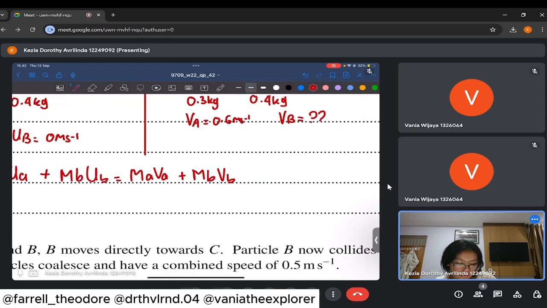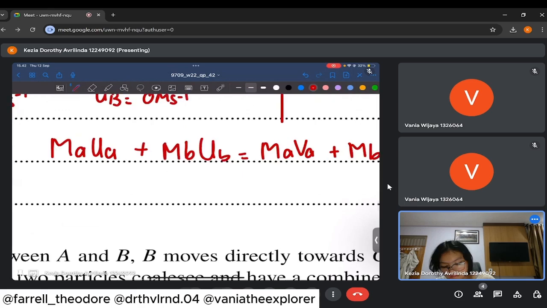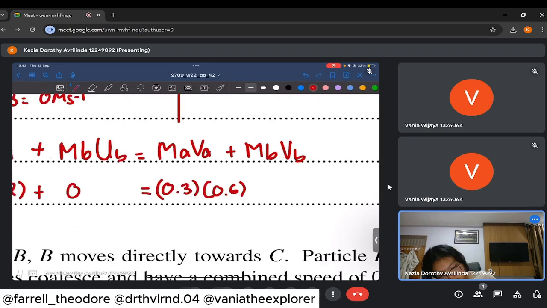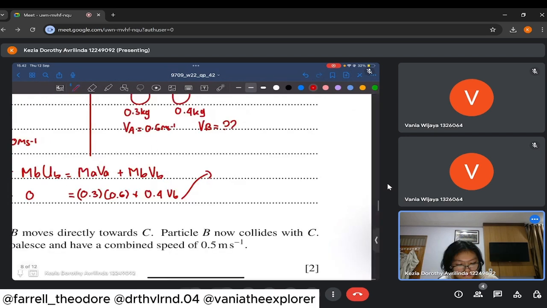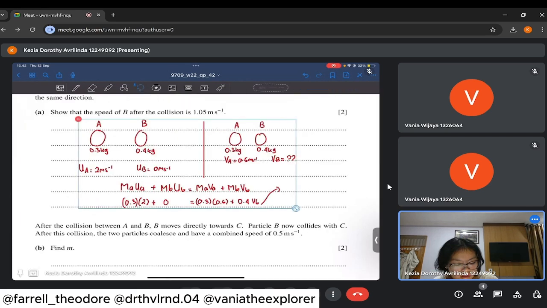We'll just put the values in. I'll make this smaller to save some space.